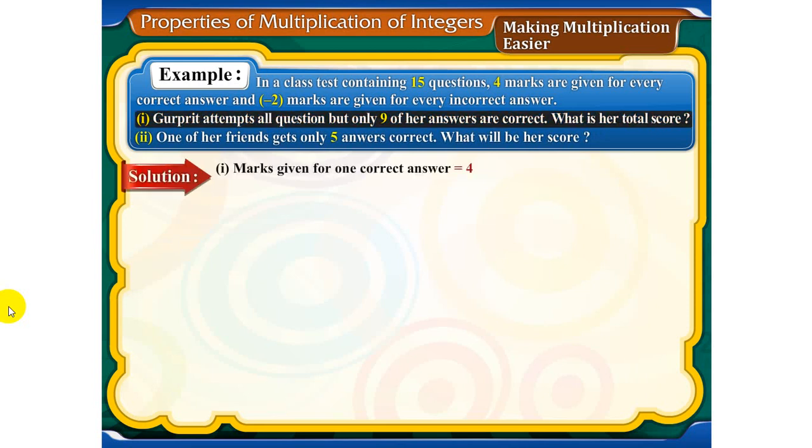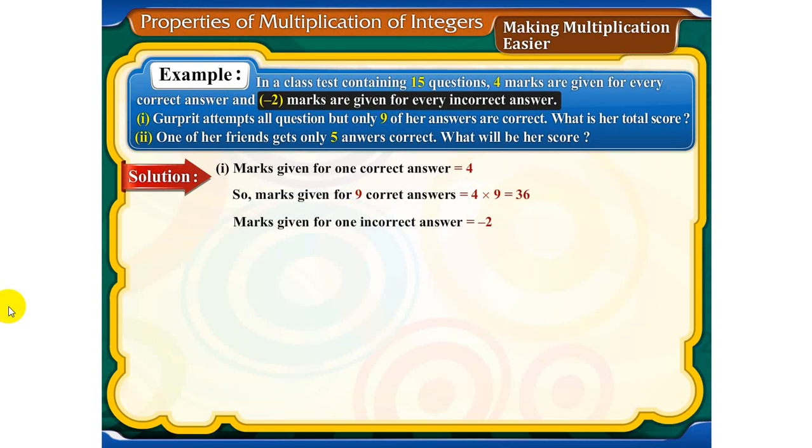Solution. 1. The marks given for one correct answer equals 4. So the marks given for 9 correct answers equals 4 multiplied by 9, which equals 36. Marks given for one incorrect answer is equal to minus 2.